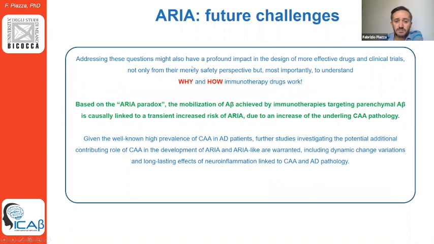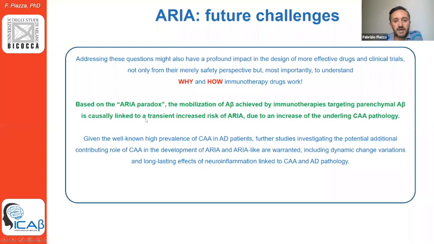But also it's important to understand why and how this drug works. Based on the ARIA paradox, the mobilization of beta amyloid achieved by this antibody is caused by a transient increase of ARIA due to the underlying CAA pathology. This also means that we have to be extremely careful when treating patients that we know have CAA, because CAA is a disease related to bleeding.